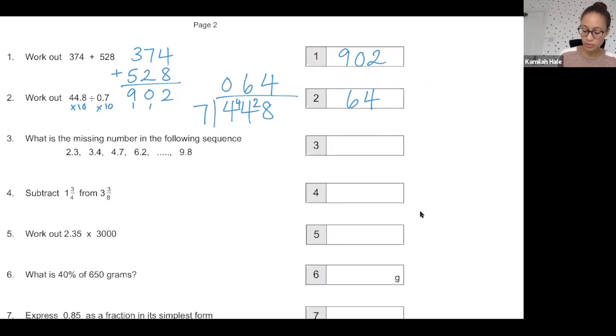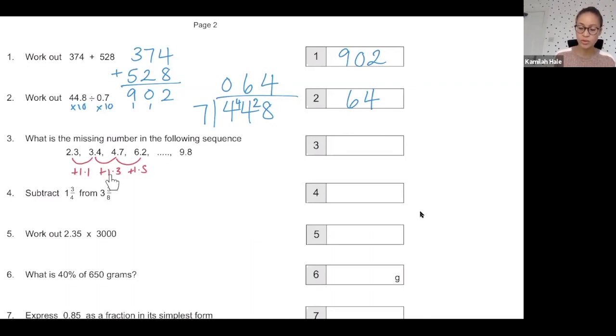Okay. And then remember, with a number sequence, I always recommend writing what the difference is between each number. So we've got plus 1.1, plus 1.3, plus 1.5, having a bit of trouble fitting them in. And what are we adding each time?